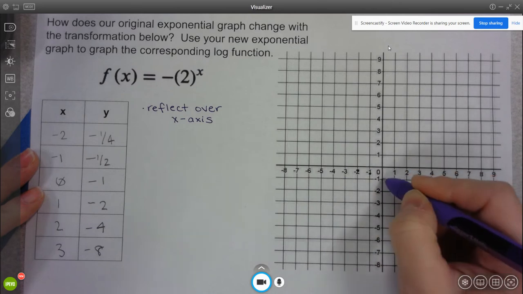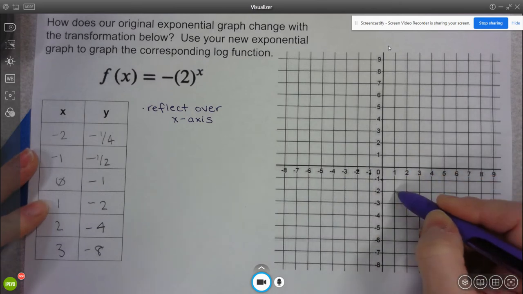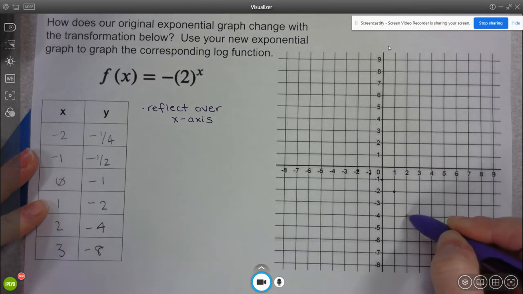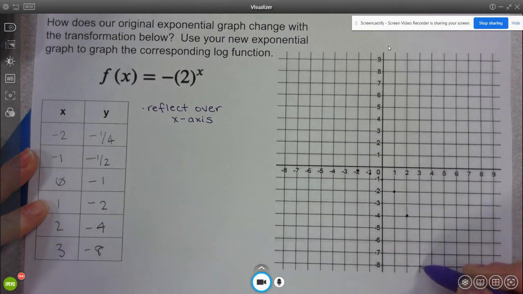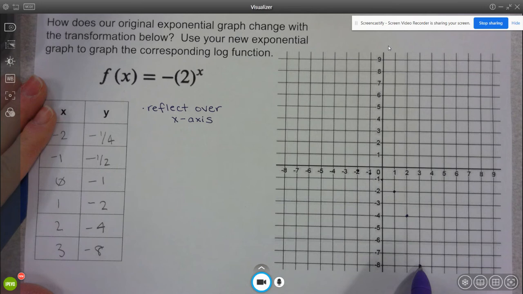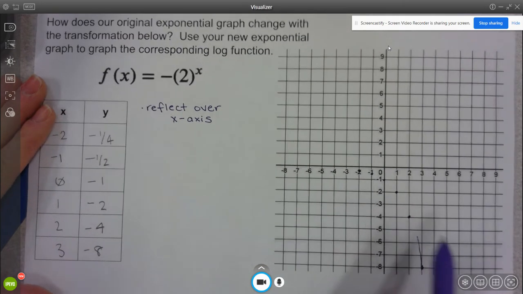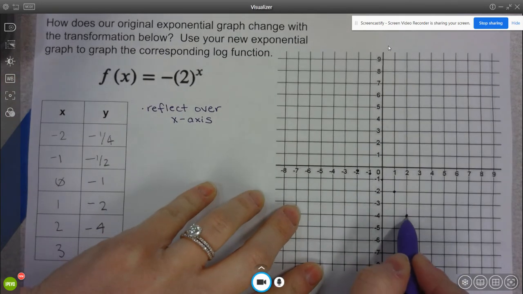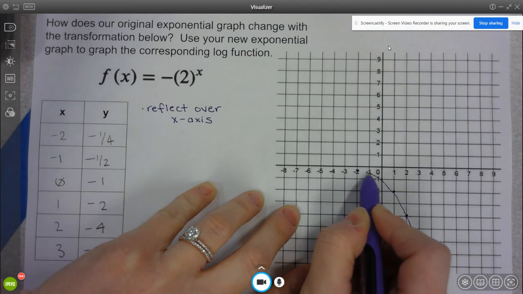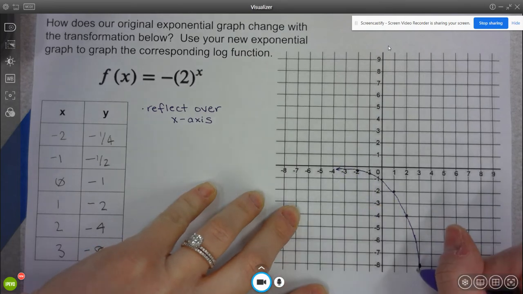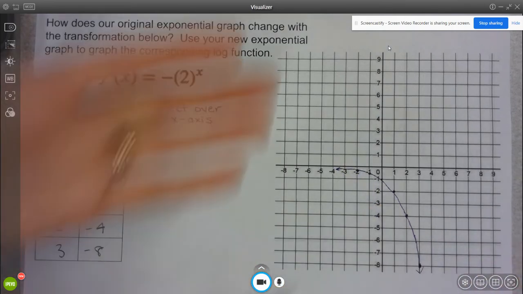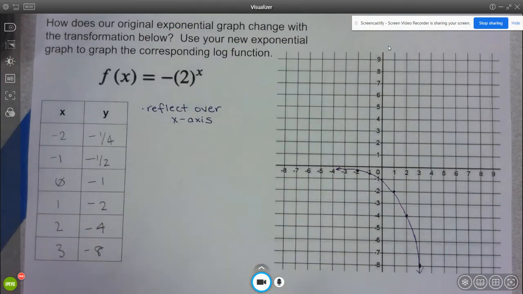So the shape of this graph, the curve, so to speak, hasn't really changed at all. The only thing that's changed is that instead of being in 1 and 2, it's now in 3 and 4.